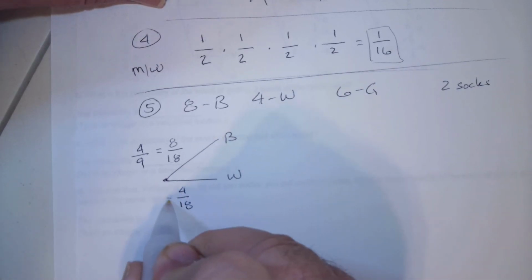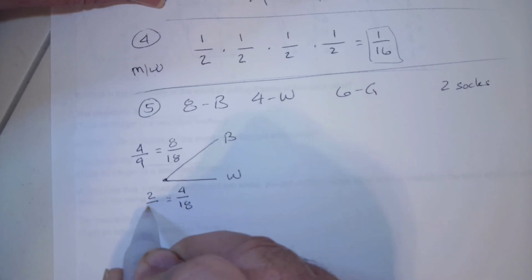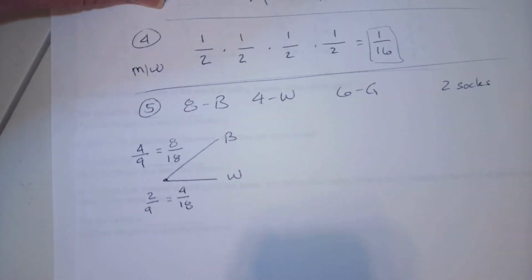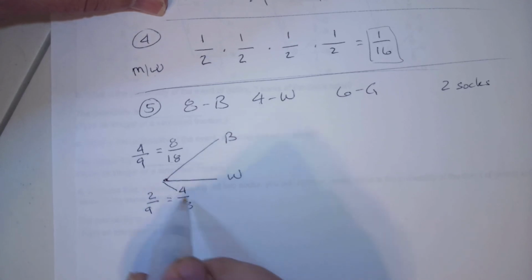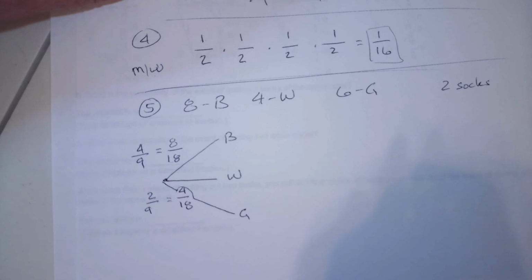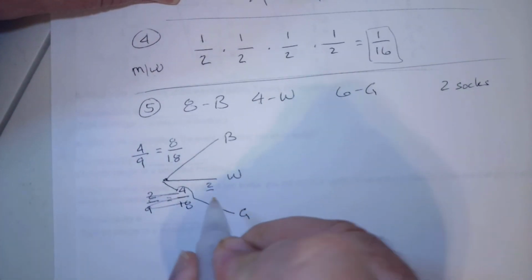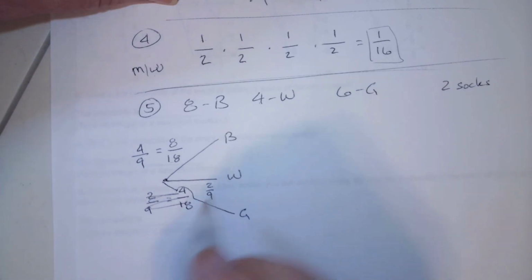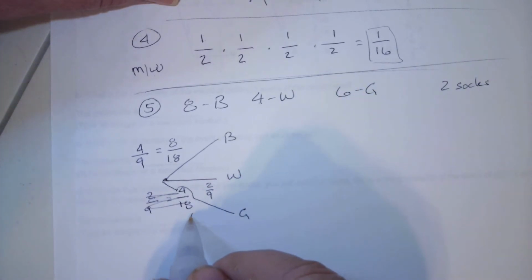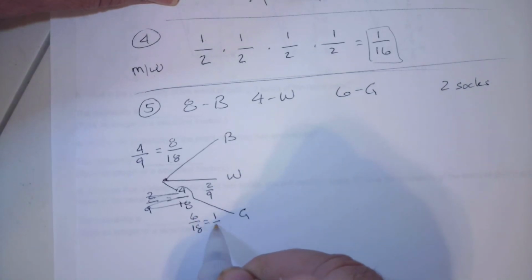So again, simplify it. 2 goes into 4 twice. 2 goes into 18 9 times. And the possibility of getting a gray sock. So it's 2 over 9 for that one. So for the gray sock, we have 6 over 18, which 6 goes into both of those. 6 goes into 6 once, 1 over 3.